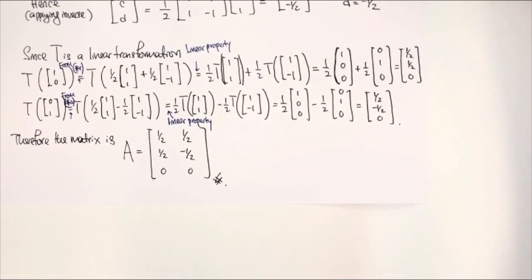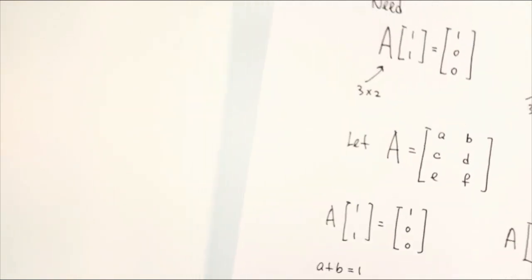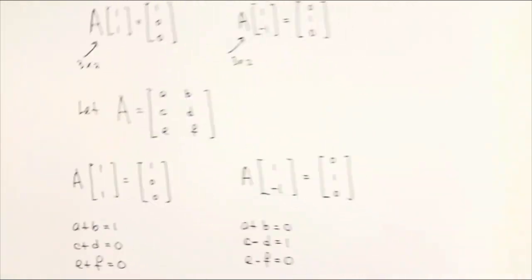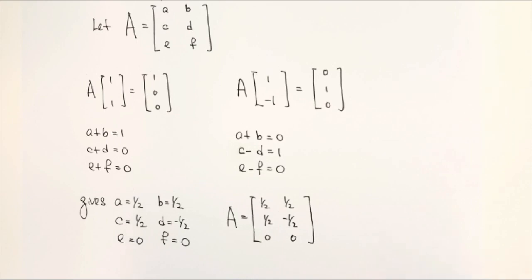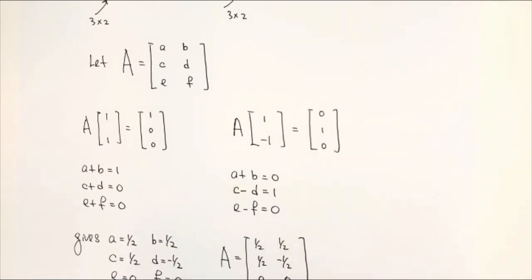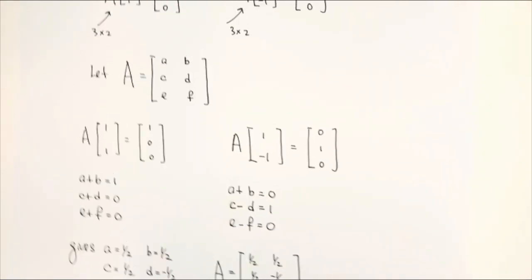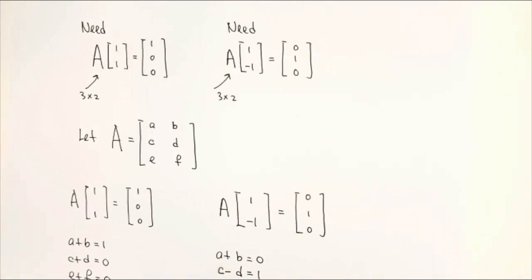Now, this utilizes all the theory that we know for linear transformations, and how we use TE1 and TE2 to construct the first and second columns of matrix A. There is another method, which is purely computational and completely bypasses all this theory. Instead, we look at this in a very simplistic manner.